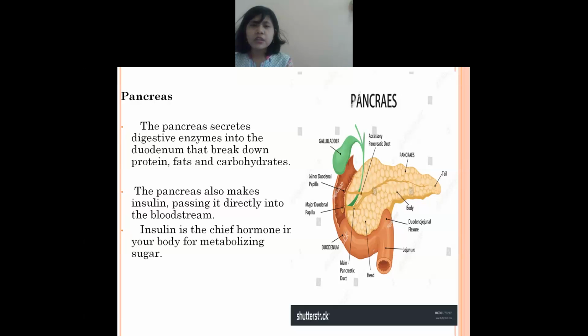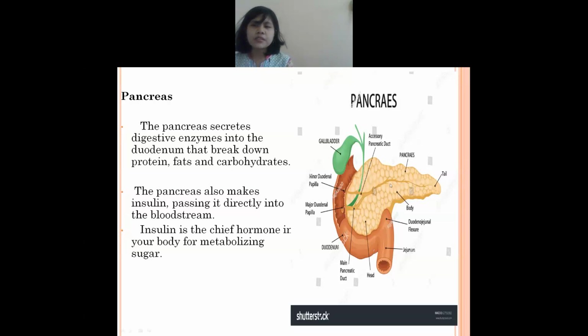Protein you will get in egg, fish, all this. Fats like butter and fats of the meat, all those things. Carbohydrates you will get in bread, rice, potato, all this. Okay, so it will help in that.